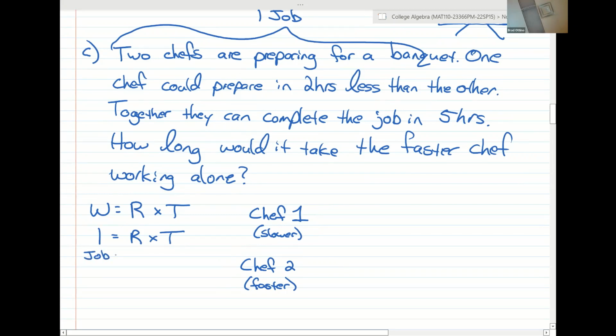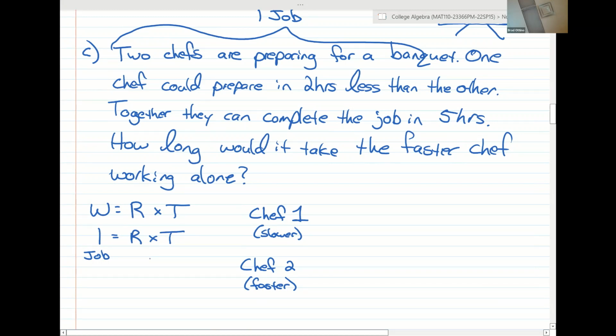If we're going to get an equation with t in it, we want to solve for r. The whole reason why we're doing this is because it's asking us how long will it take working alone. So our answer is going to be t equals a number. So we have to manipulate this problem to have t as our independent variable.